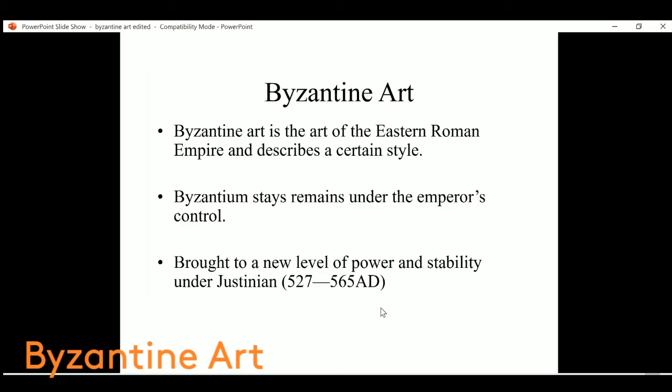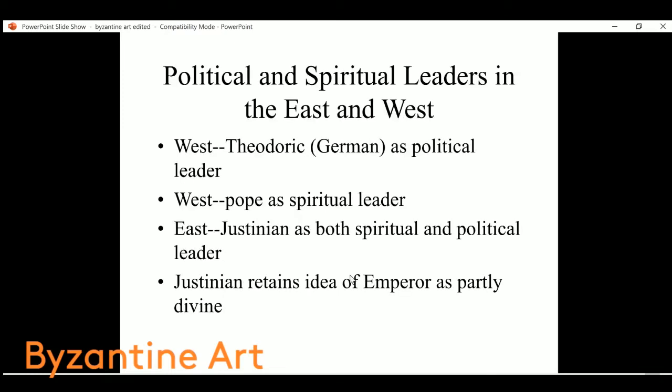So Byzantine art is actually the art of the Eastern Roman Empire and describes a certain style, which we will check later. Byzantium remained under the emperor's control, and it was brought to a new level of power and stability under Justinian. This is happening between 527 and 565 AD, right? The West was governed by Theodoric and also had the Pope.